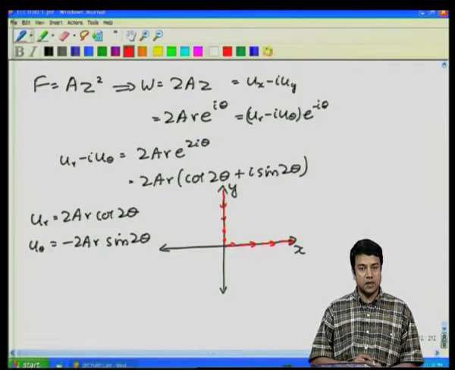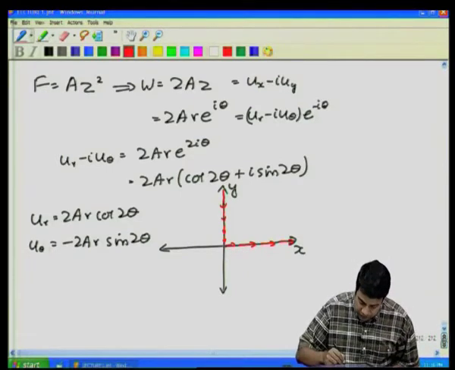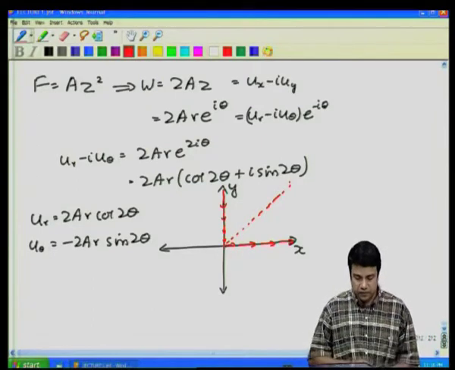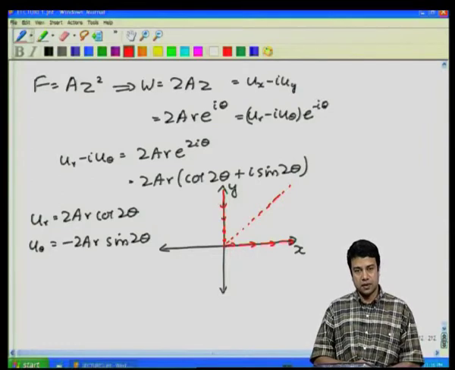If you take an angle of pi by 4, for example, you find that at theta equal to pi by 4, 2 theta is pi by 2. So, cos of 2 theta is equal to 0. That means that there is no radial component of the velocity.